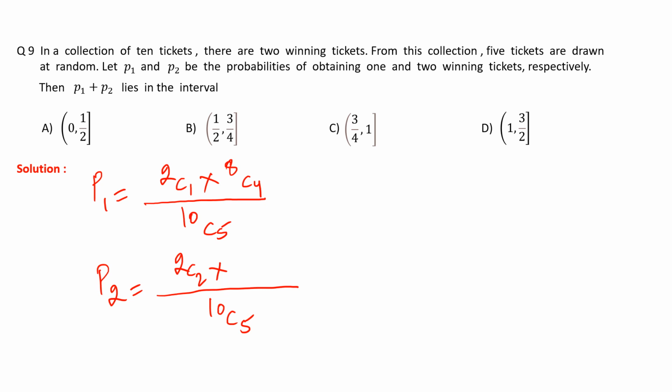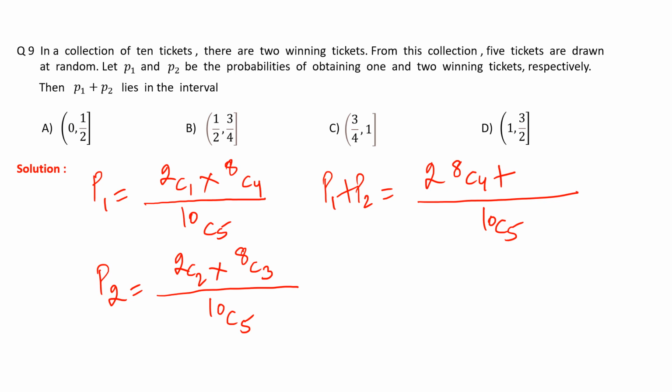Into, it is going to be 8C3, right? So now if I write the value of P1 plus P2, it becomes 10C5 in the denominator. In the numerator, it is 2C1 into 8C4. We know that 2C1 is 2 only, so it is 2 into 8C4. Plus 2C2 is again 1. It is just 8C3.